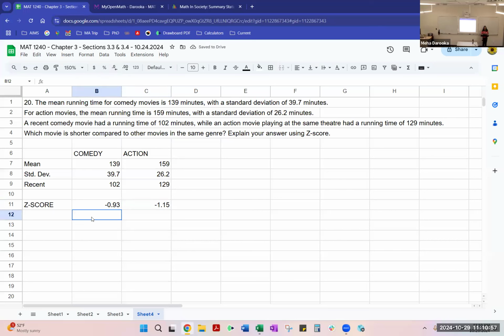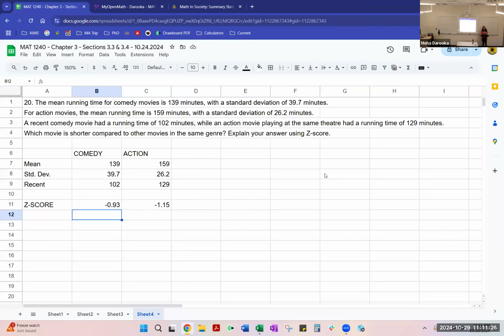So for each of their own categories, your question was, which movie is shorter compared to the movie in the same genre? Is the comedy shorter, or is the action movie shorter compared to its category, its genre? So the comedy movie has a z-score of negative 0.93.